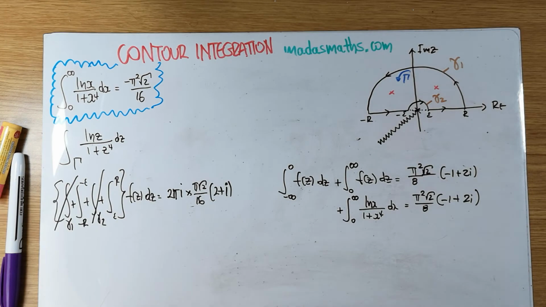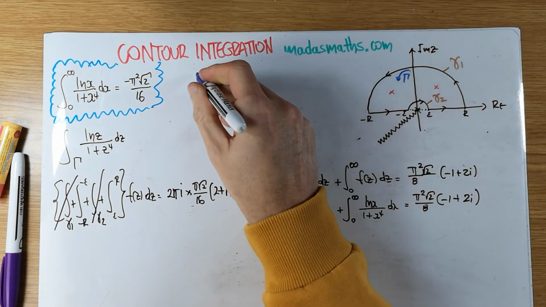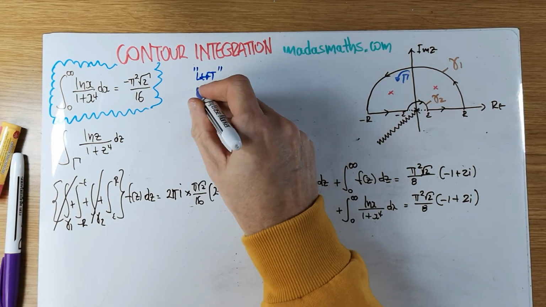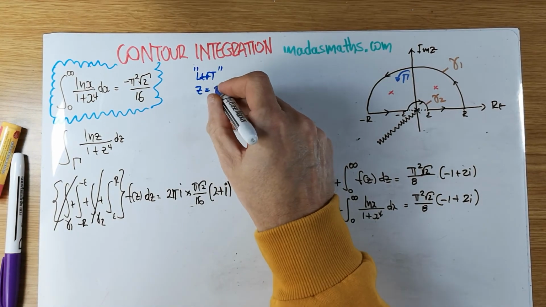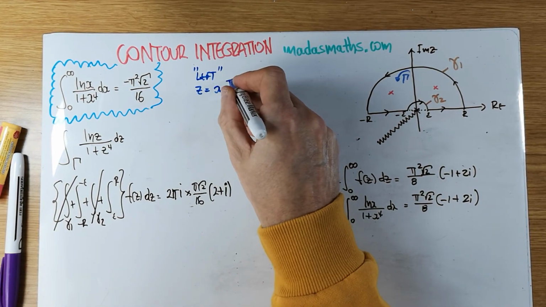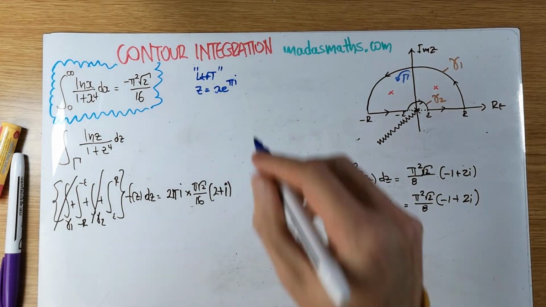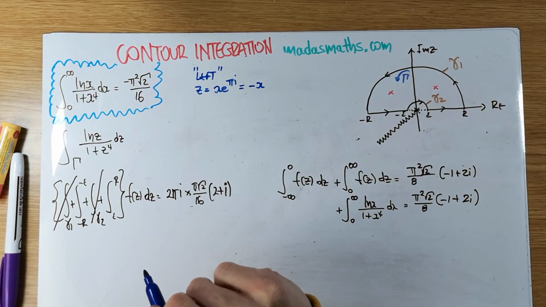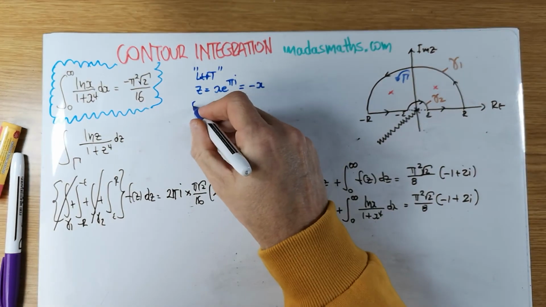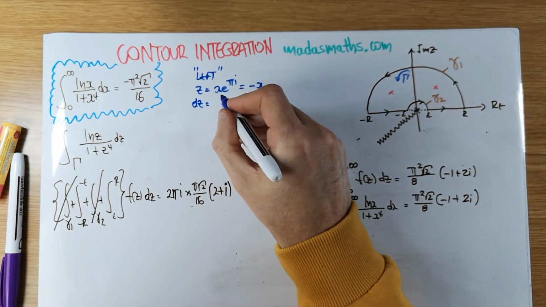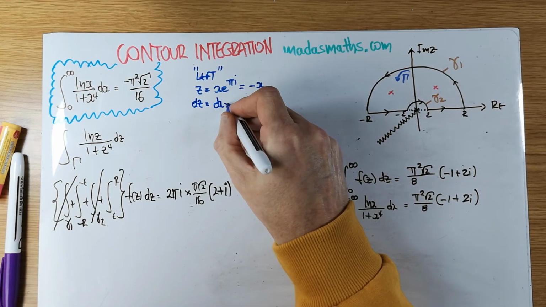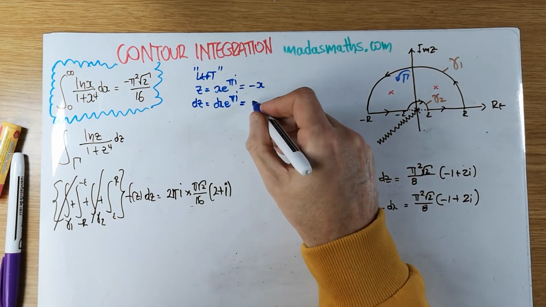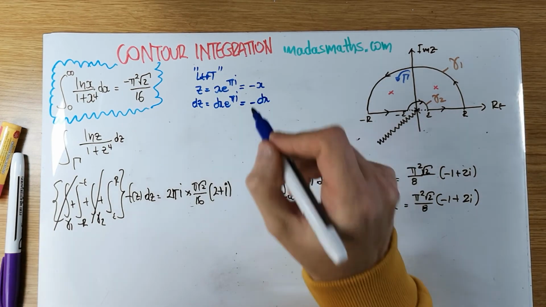So that is on the left. There, the z is x e to the pi i, which of course is minus x. The dz is dx e to the pi i, so that's another minus 1, minus dx.